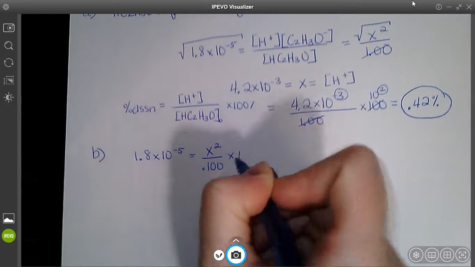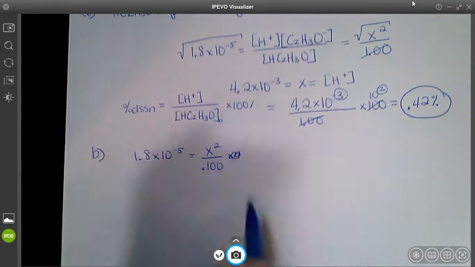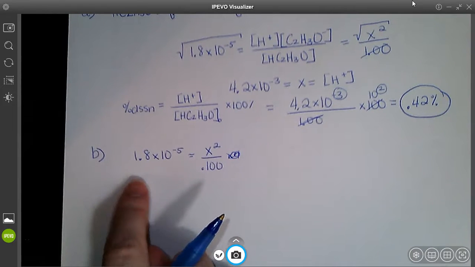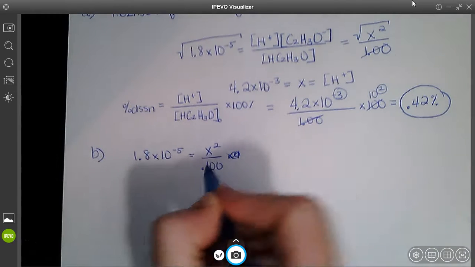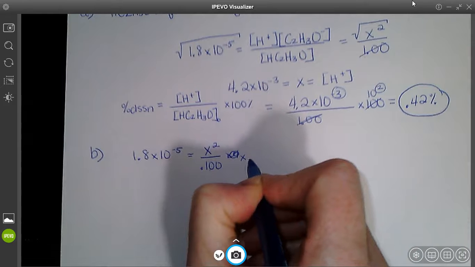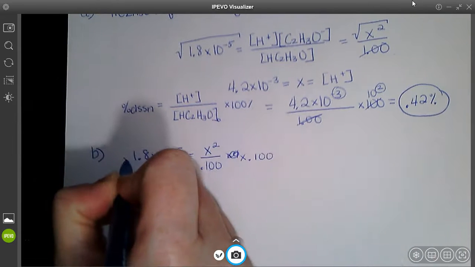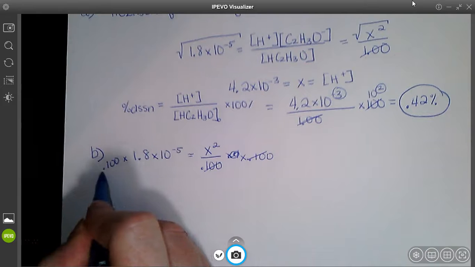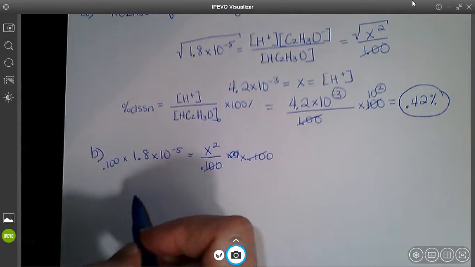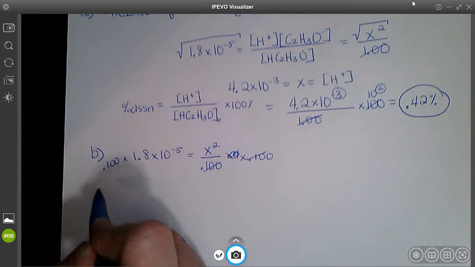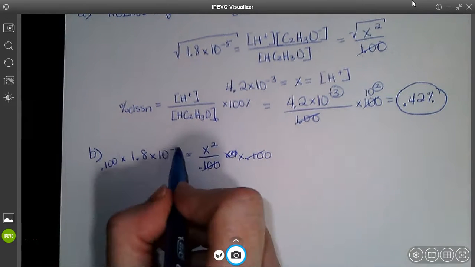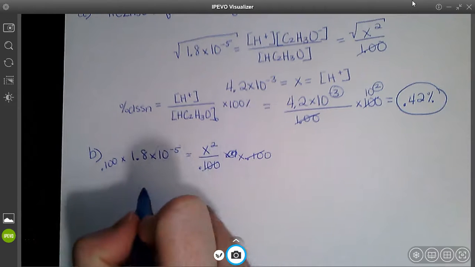To get rid of this 0.100, I have to multiply by 0.100 on both sides. Those go away. This is like dividing by 10 again, right? Because 0.1 is the same as 1/10, and 1/10 is the same as 10 to the negative 1. So this becomes 10 to the negative 6.